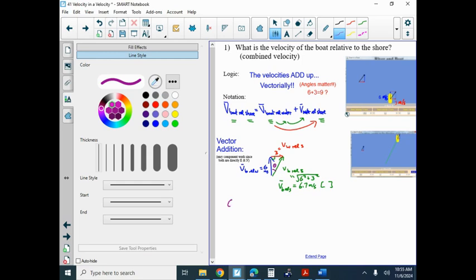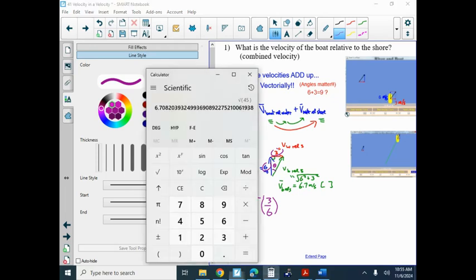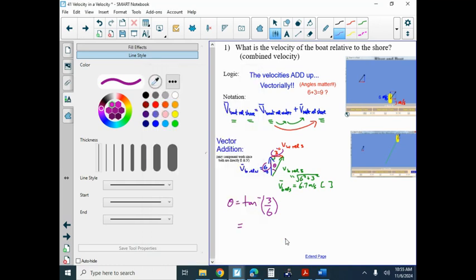Theta equals, jumping right to tan inverse of opposite over adjacent, the 3 over the 6. And so tan inverse of a half, so 0.5 tan inverse. It is an angle of 26.56, so 26.6 degrees or so.